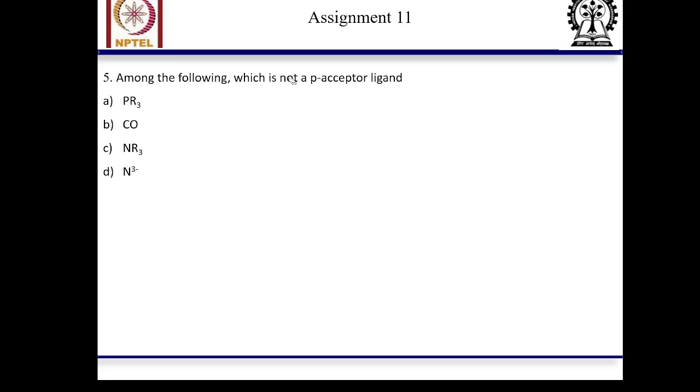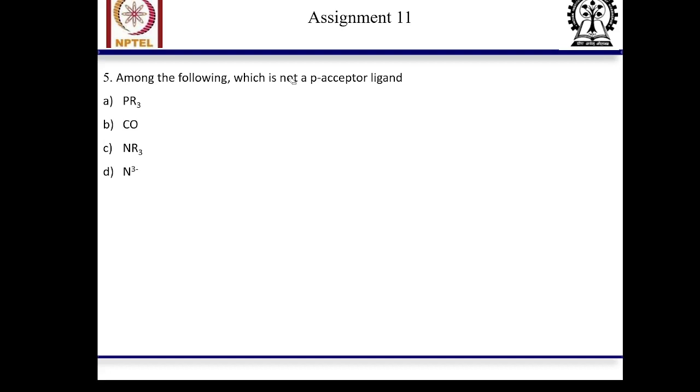Because C is not the correct answer for this, among the following, which is not a pi acceptor ligand. Previously, Rupali ma'am, you wrote D, right? So D is the correct answer. Now I will tell you why D is the correct answer.